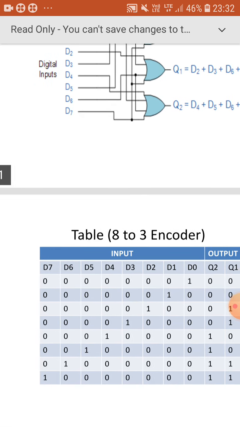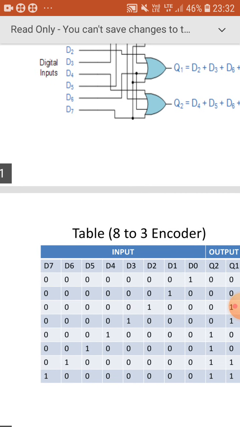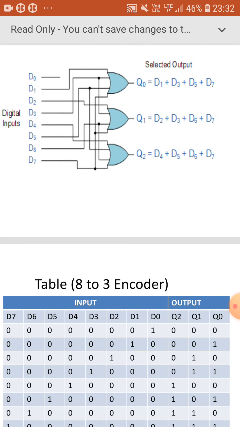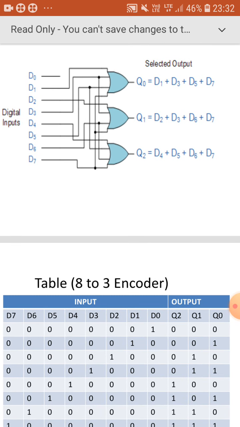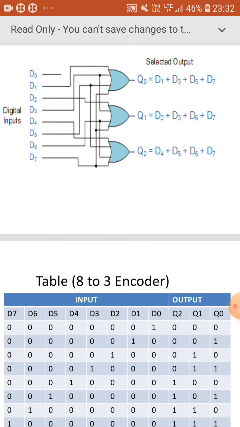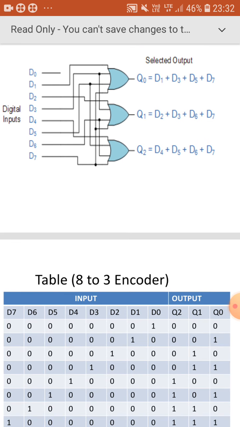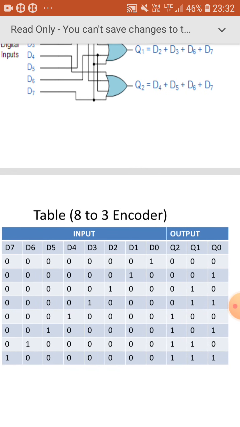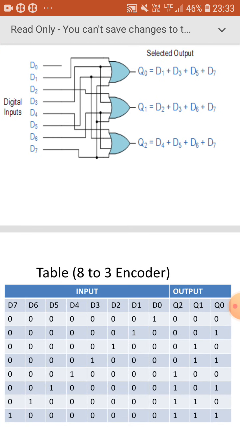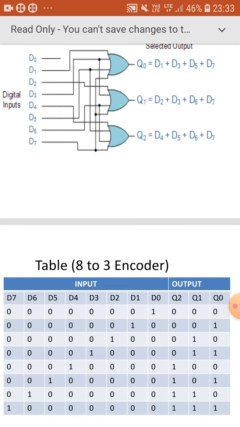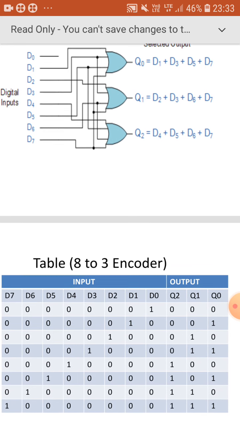Now I am applying D6 is equal to 1. D6 is connected to the second OR gate and D6 is connected to the third OR gate also.